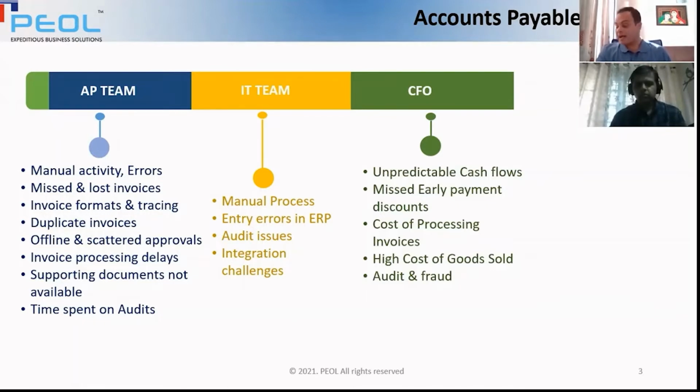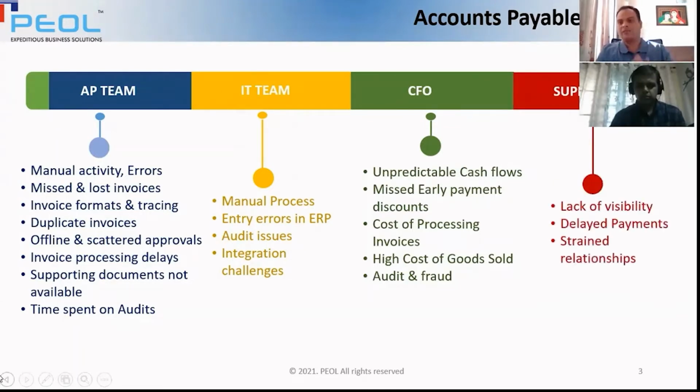And of course, one more challenge they face is during the audits and fraud, during the audit trails, right? So the last user group, of course, is the supplier itself. Many times suppliers get ignored, right?